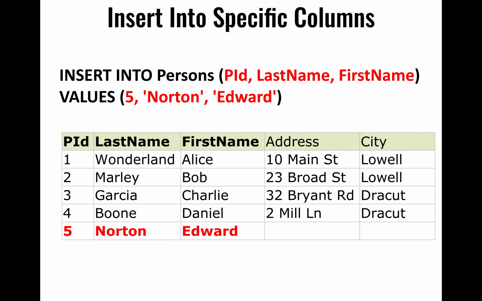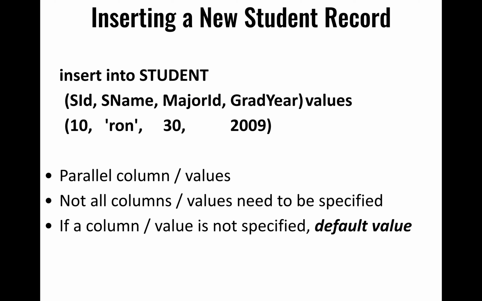The database would bark and complain that it does not have values for those fields. Just remember that the first set is the columns, and the second set is the values, and we should consider them to be mapped 1-to-1.